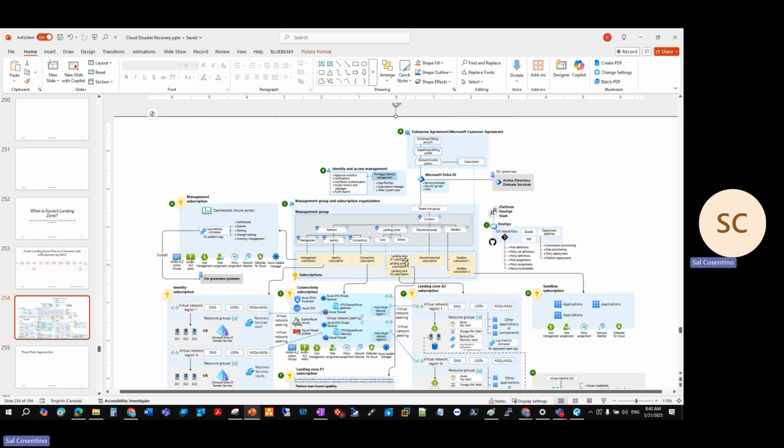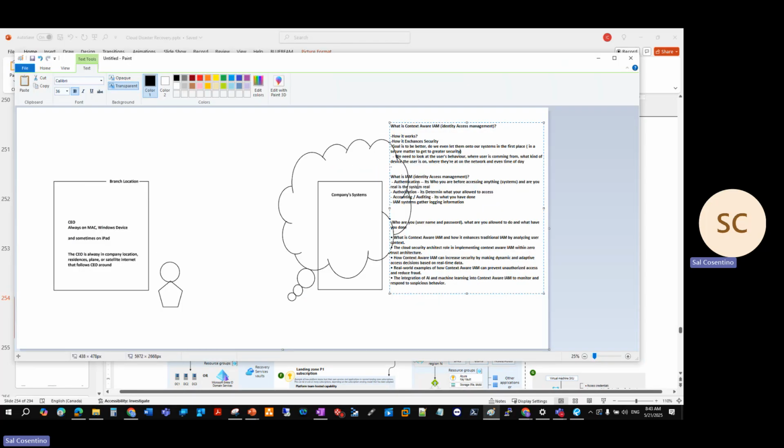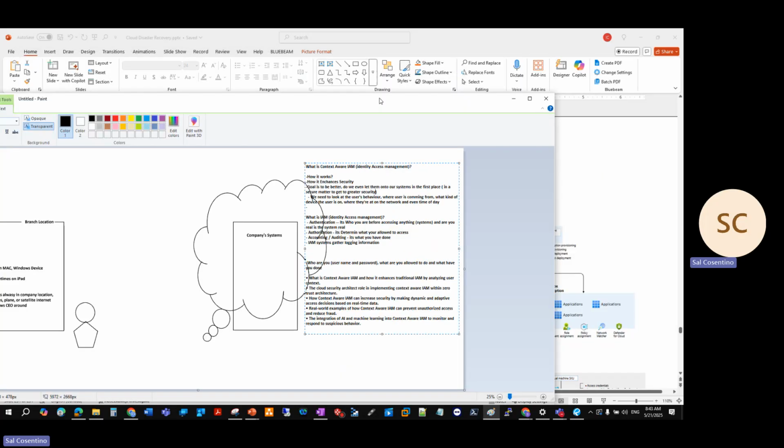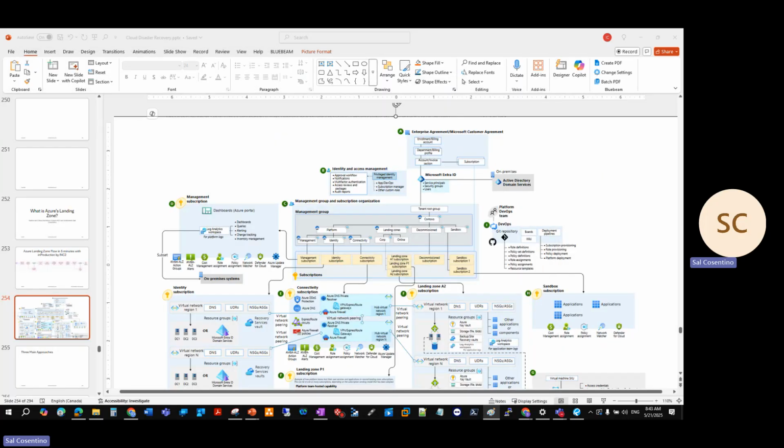you have your tenant, you have your IAM systems, your identity and access management systems, right? And when we talk about identity, it's authentication, authorization, auditing, and accounting. It's not just who we are; it's our username and password, what we're allowed to do, and what we have done so far, right? So when it comes to authentication, it's who you are before accessing any systems.